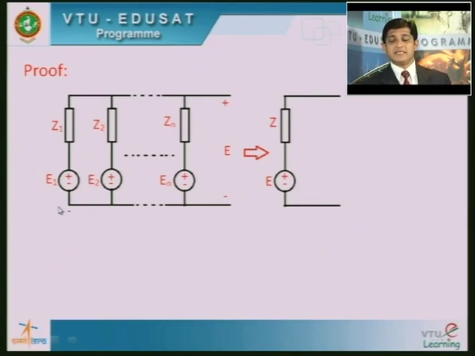Mind you, in all the theorems that we have seen so far, we are using linear circuits only, and along with that, being linear, it is also two terminal. That means it's a linear two terminal network.